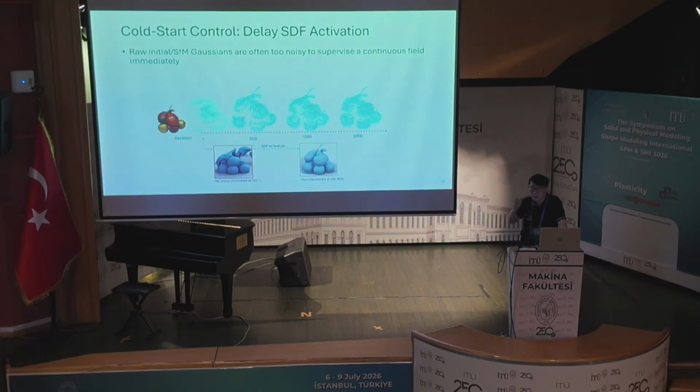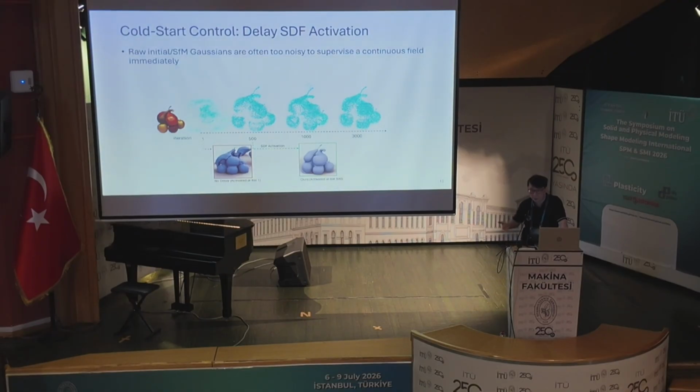After removing all these Gaussians, we consider the remaining ones as reliable geometry priors. So we train the SDF so that these Gaussians lie exactly on the zero level set of the SDF. Then, of course, to learn the SDF effectively, we can apply regularization like the Eikonal loss or some other regularization.